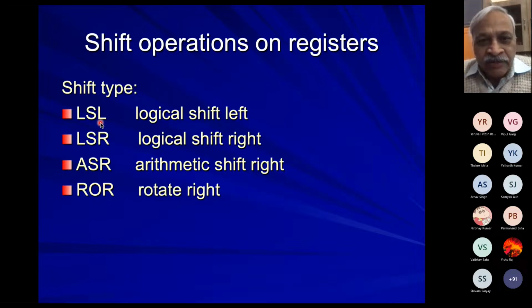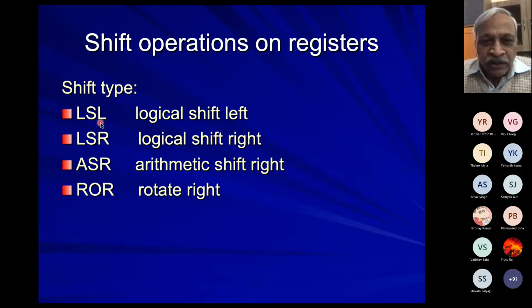In arithmetic shift, as you shift right, the bit positions which are falling vacant are filled with the sign bit. So you interpret the number being shifted as a 2's complement number with the leftmost bit indicating the sign. All right.